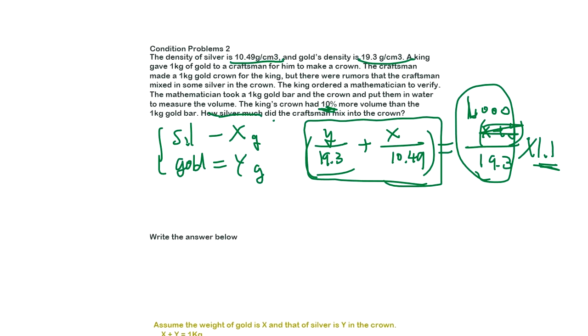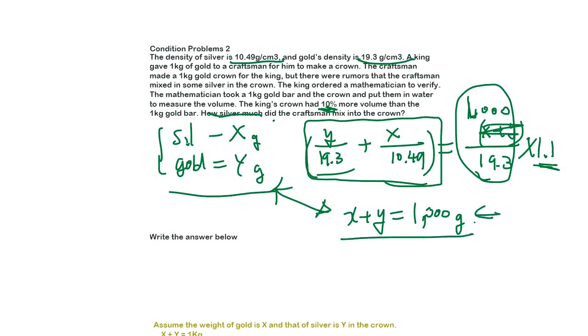Okay, and X plus Y total is 1000 grams. Is that right? Yeah, because the weight is the same. They measure the weight of the crown and the original 1 kilogram of gold, and the weight is the same. So this is the second equation. This is the first equation and the second equation. So we know how to solve this.